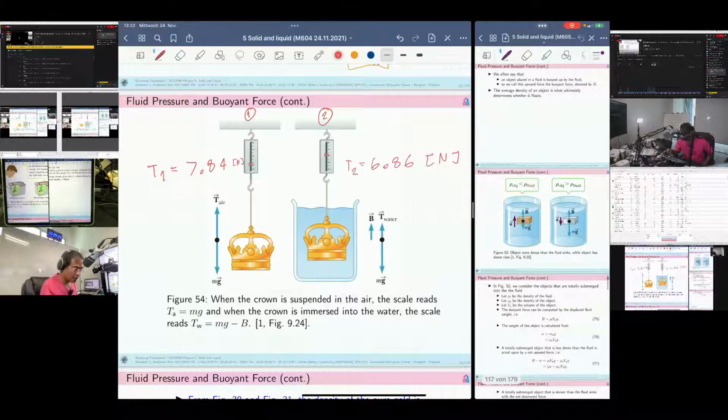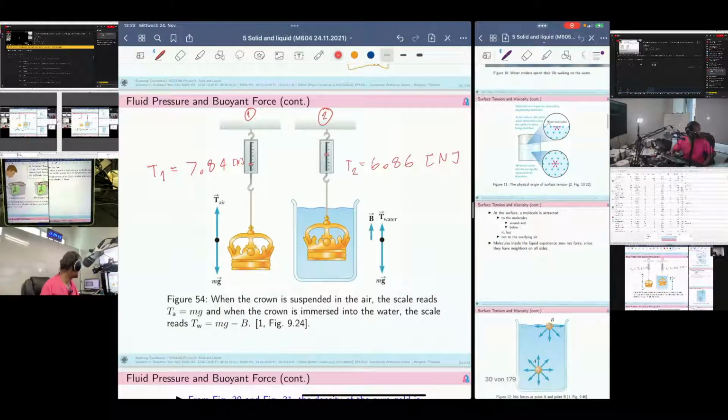We don't care about the contamination, the gold that is not pure, right? So this is viscosity. Okay, it's not the correct table. We are talking about the gold, right?